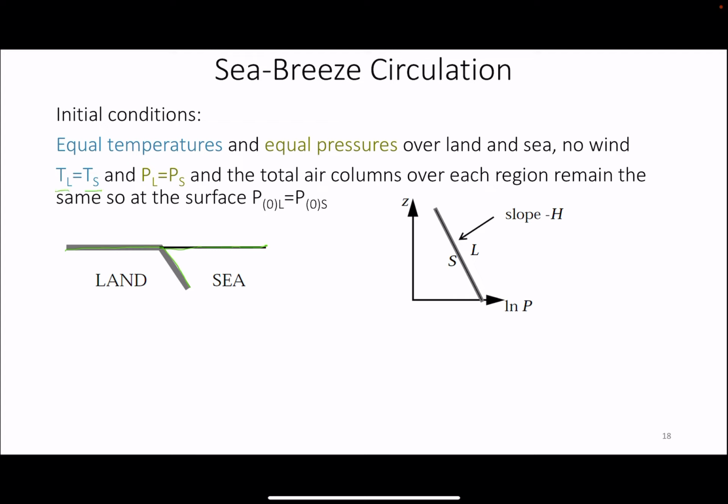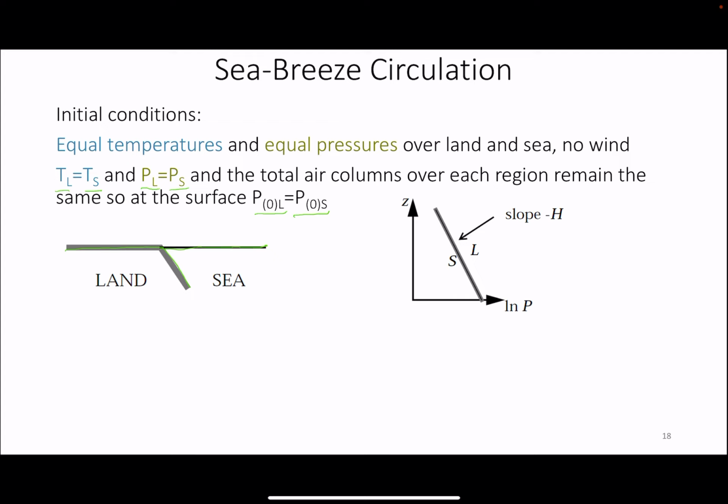And there's equal pressures over the land and over the sea. So the pressure over the land and the pressure over the sea are equal. And there's no wind. So since temperature and pressure over the land and the sea, the total air columns are the same. So we can also assume that at the surface, the pressure at 0 altitude over the land is equal to the pressure at 0 altitude over the sea.